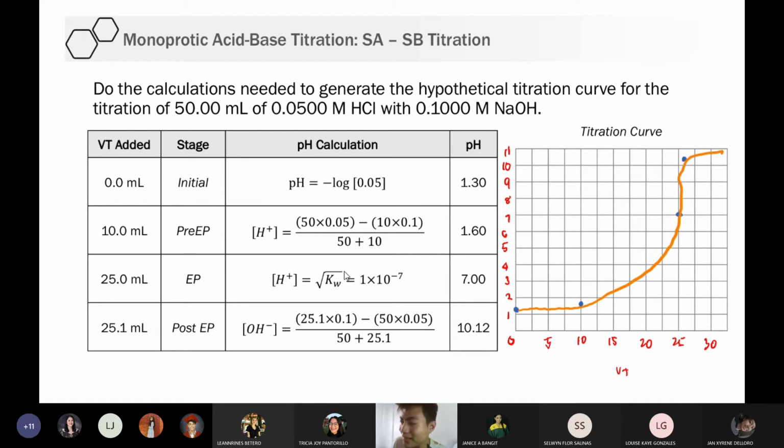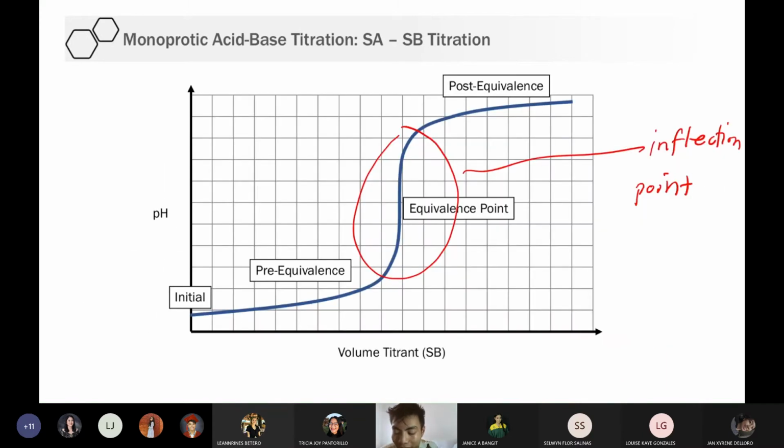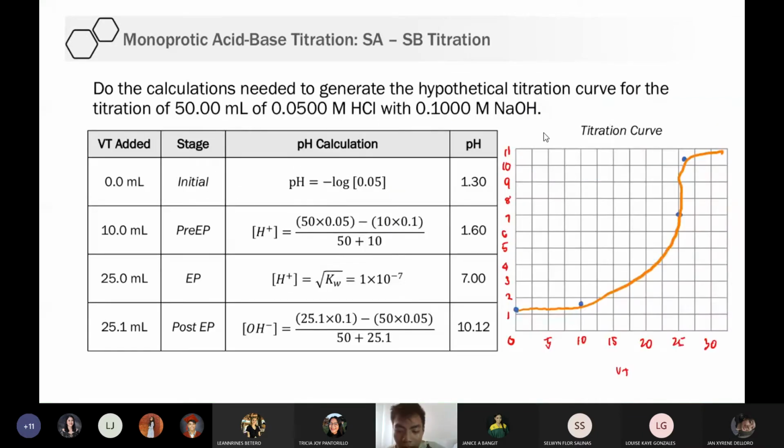So magiging parang ganyan yung itsura ng curve. Medyo similar siya, pangit lang talaga ako mag-drawing, pero medyo similar to the one that I showed you earlier. So slowly increasing, then suddenly you have your inflection point which has the equivalence point. Then magfa-flat na uli siya doon sa taas. So that is how we graph pH with respect to the volume of titrant.